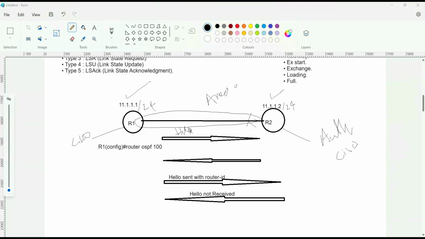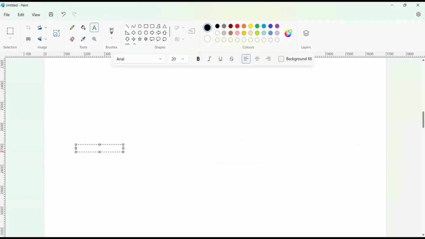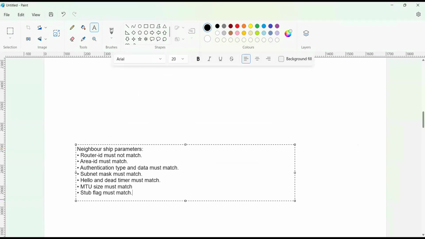Now move to the init state. In the hello state, does anyone have any doubts? Hello, hello neighbor. And these are the neighborship parameters. Router ID must be different, area must match, authentication must match, subnet mask must match, and hello and dead timers must also match.